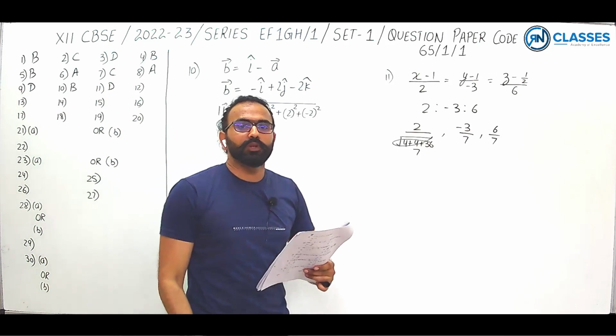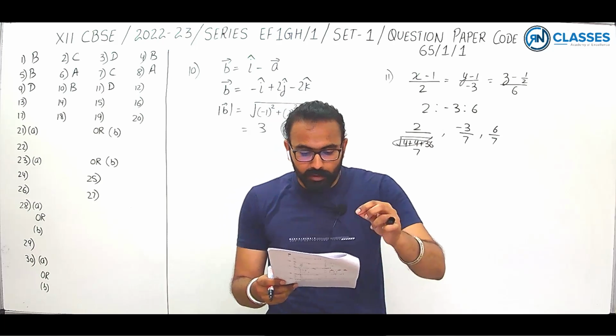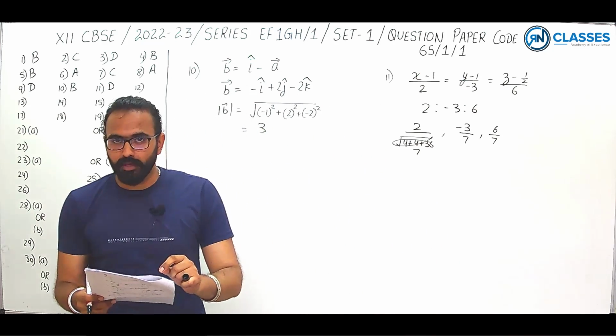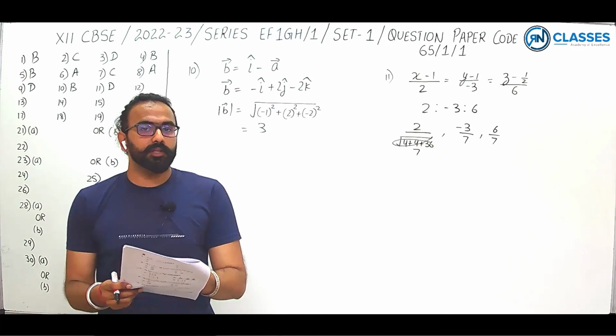Now passing on to the next question: we are given that the probability of A given B is 0.3, the probability of A is 0.4, and the probability of B is 0.8.